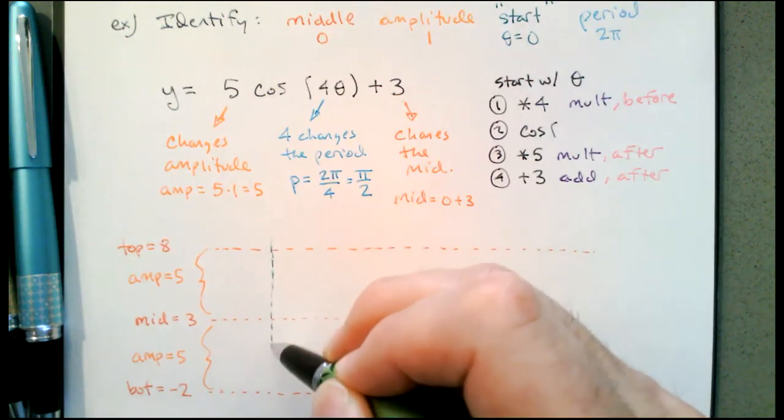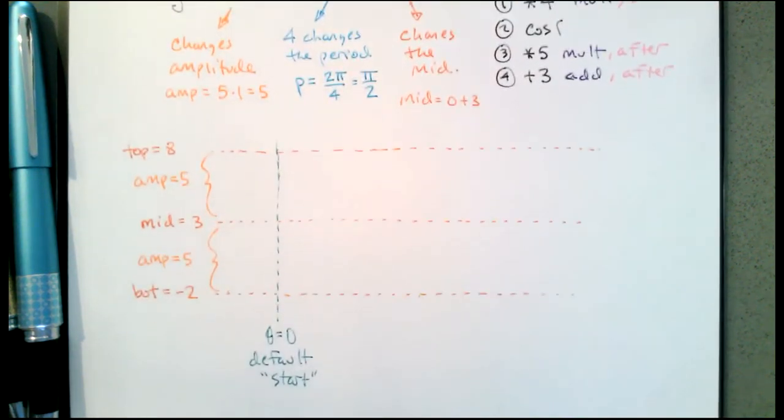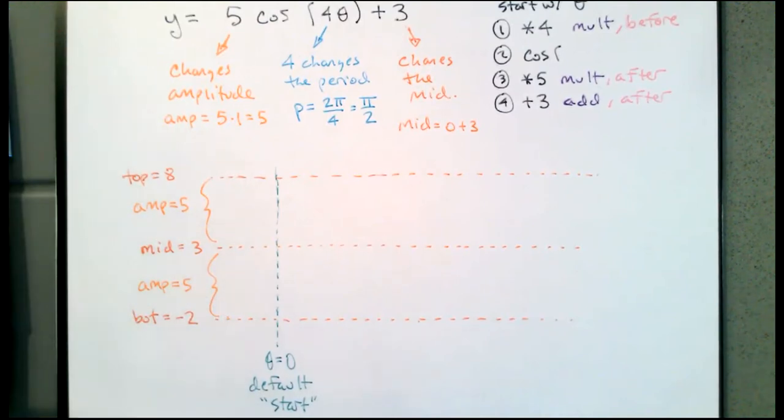So we're going to start here on the vertical axis, where theta is equal to 0. And the period is pi over 2.